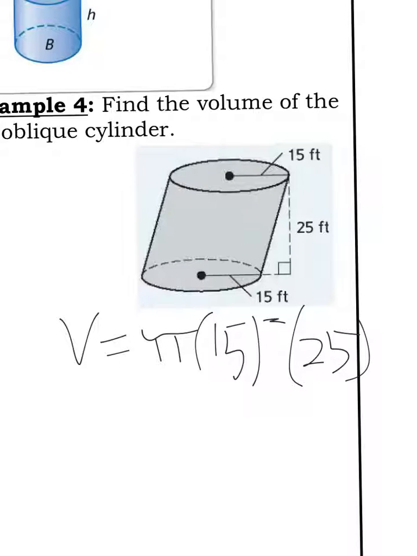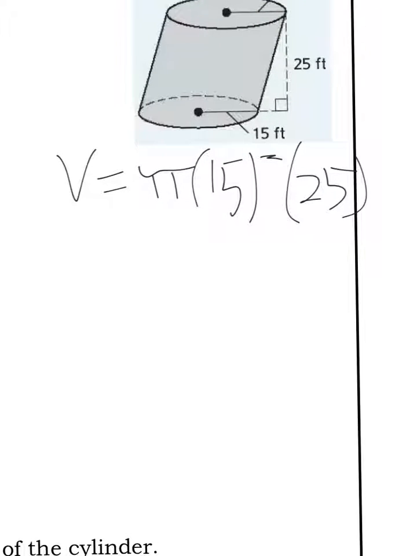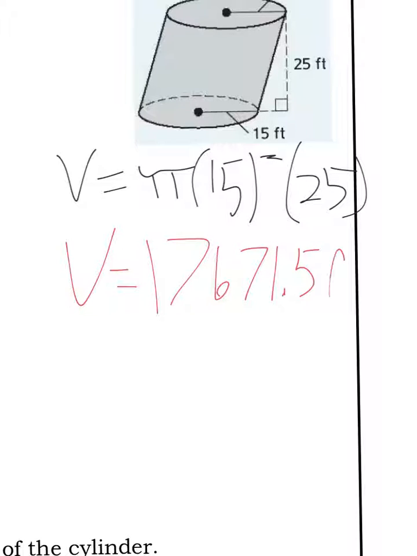If I gave you this slanted height, and I didn't give you this one, you'd have to do some Pythagorean theorem to figure that out. But, like I was saying, this one, we don't need to do any of that. Just plug everything in. So I get an approximate volume of 17,671.5 cubic feet.